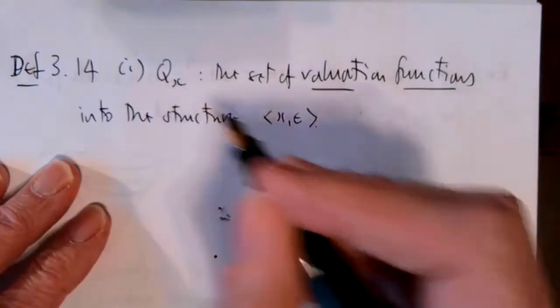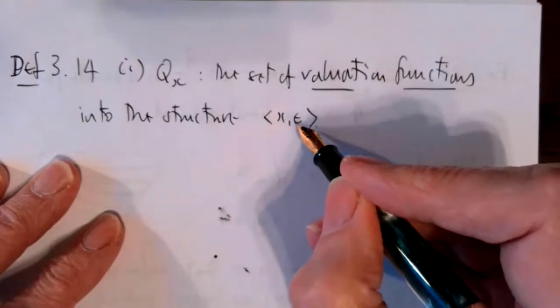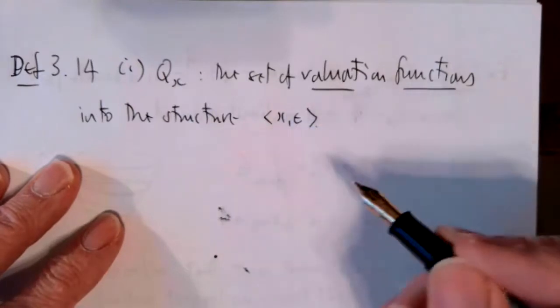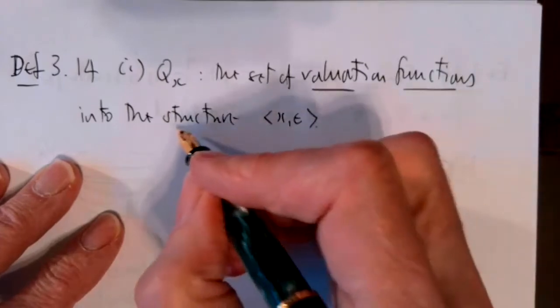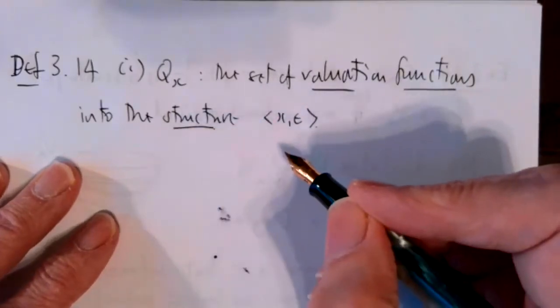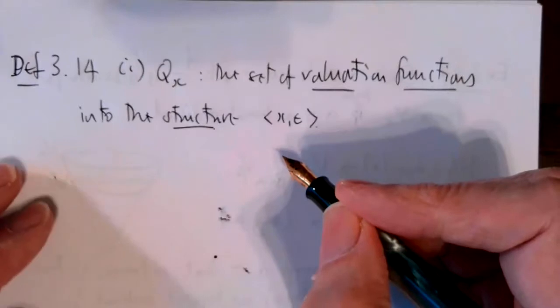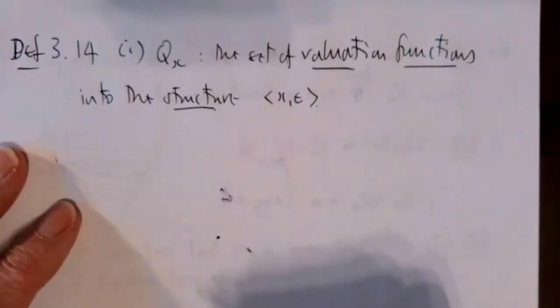In this notation, X will be a set, and this is the membership relation restricted to X cross X. So let's see what it actually is.